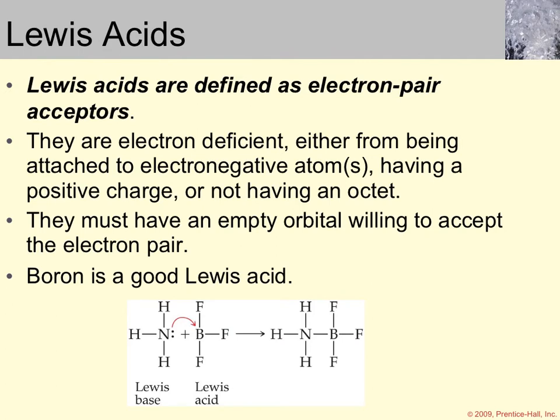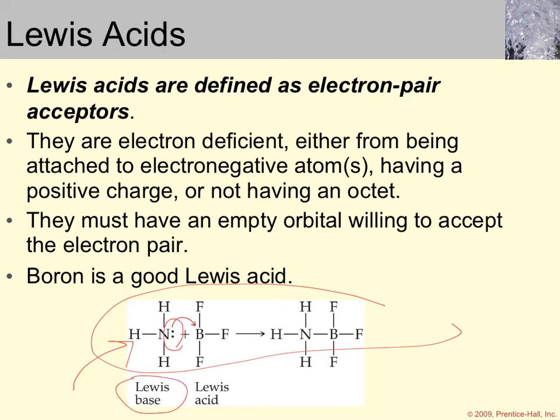All right, so here's a typical example of a Lewis acid-base reaction. So hopefully you know by now that ammonia is a weak base from the Bronsted-Lowry definition. It has a lone pair of electrons, so it can also serve as a Lewis base.